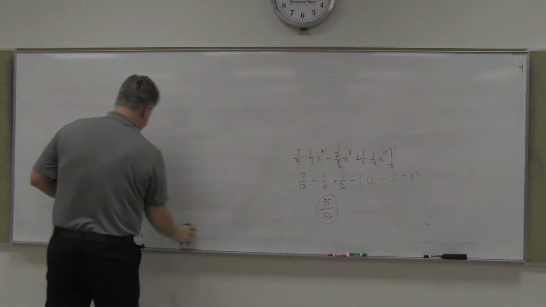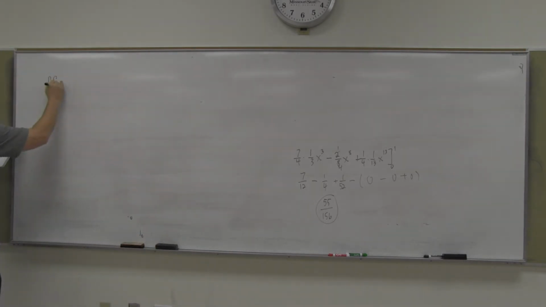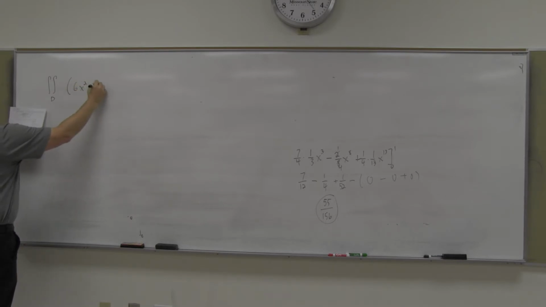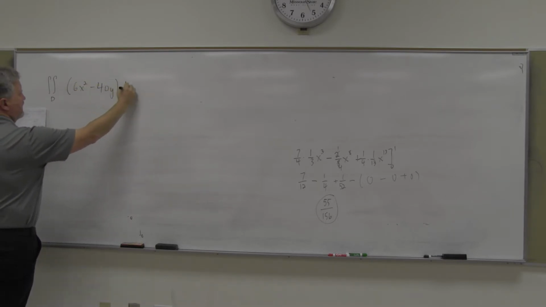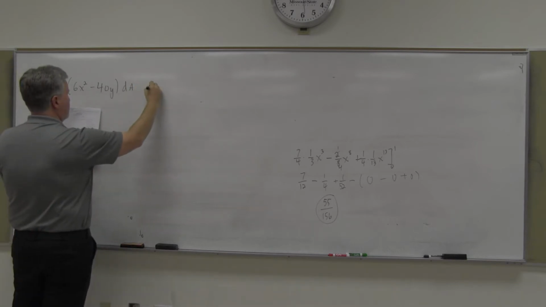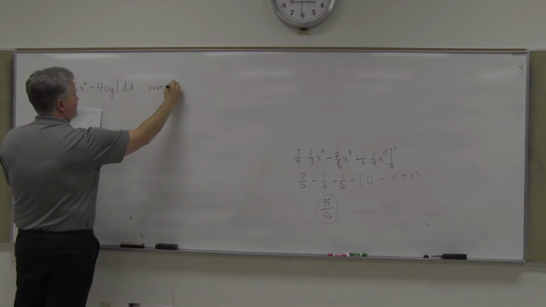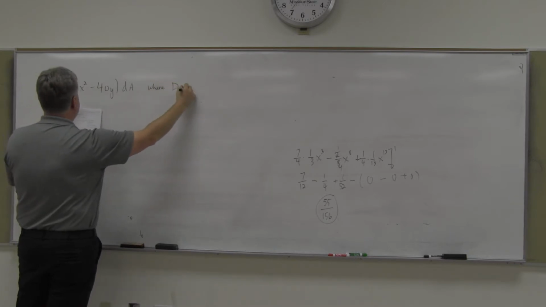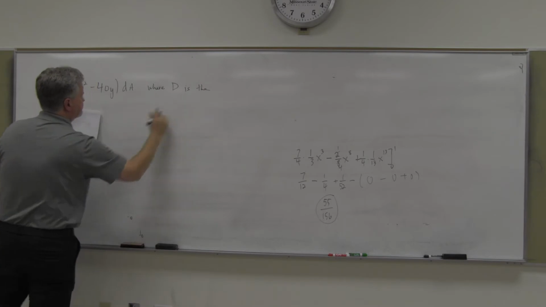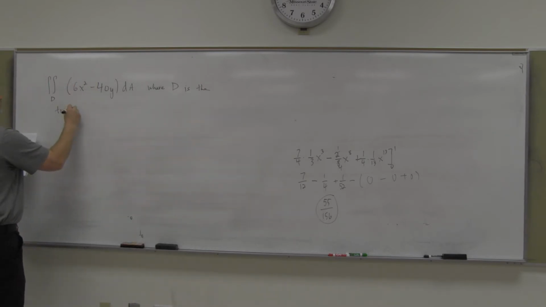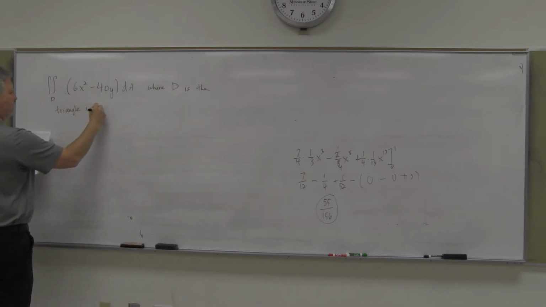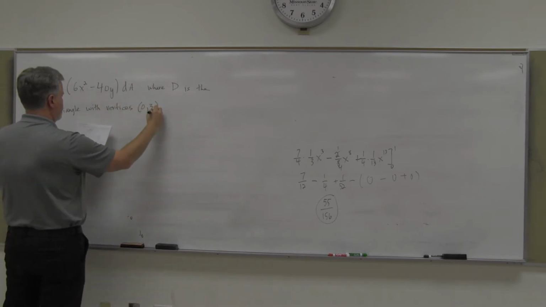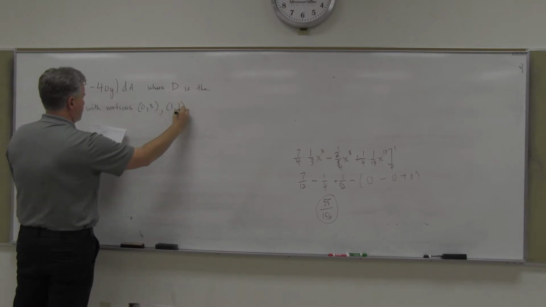Let's say I'm doing the double integral over region D of 6x squared minus 40y dA, where D is the triangle with vertices (0, 3), (1, 1), and (5, 3).